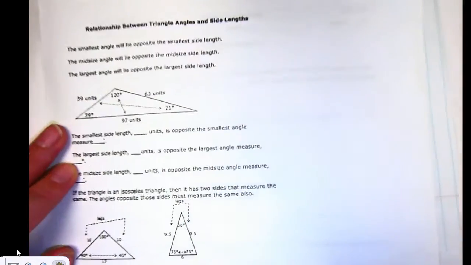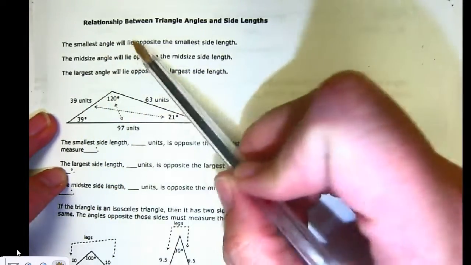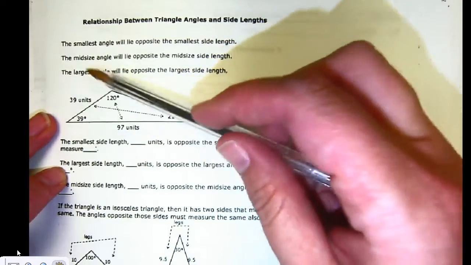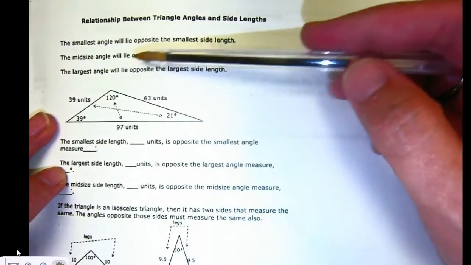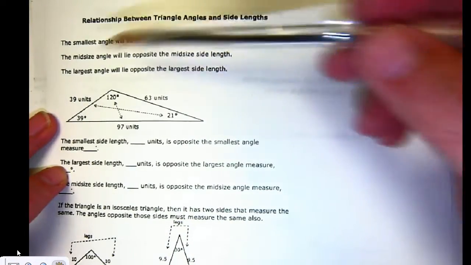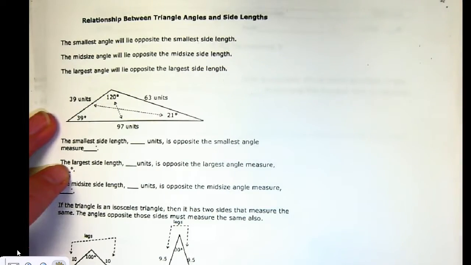It tells you that, let me zoom in a little bit more, the smallest angle will lie opposite the smallest side. The middle angle, or mid-size angle, will lie opposite of the middle-sized side length. And then the largest angle will lie opposite of the largest side length.